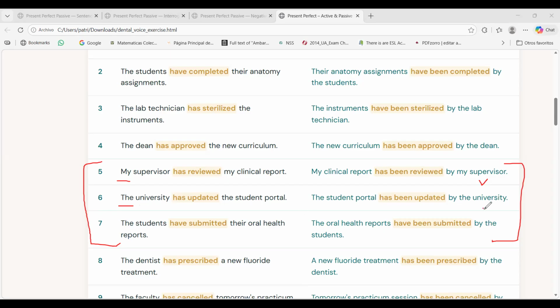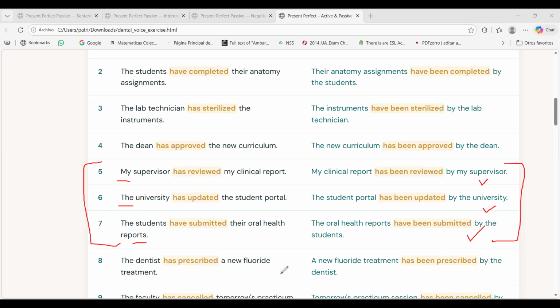The student portal has been updated by the university. 7. The students have submitted their oral health reports, and the oral health reports have been submitted by the students. Thanks, dear Donovan.